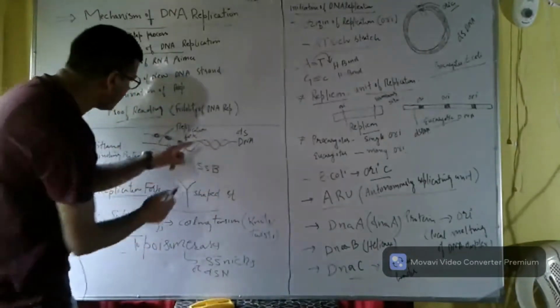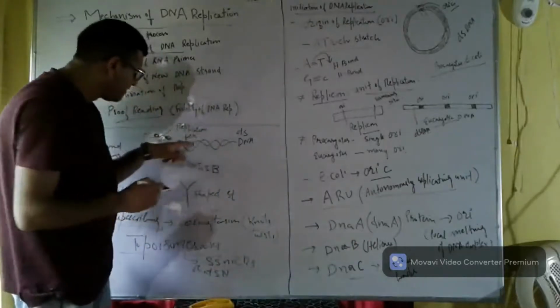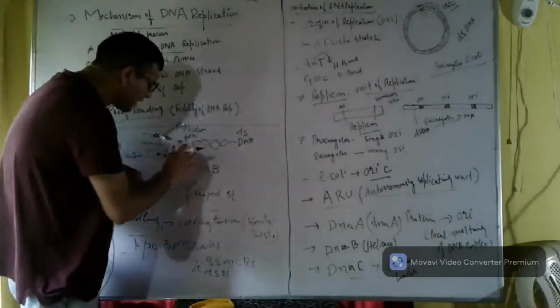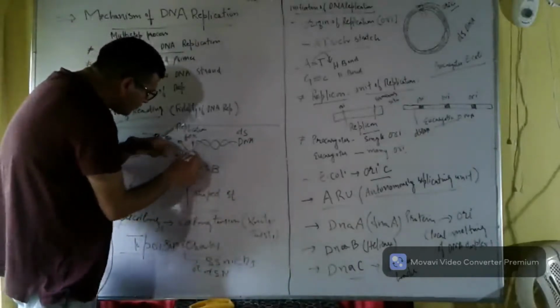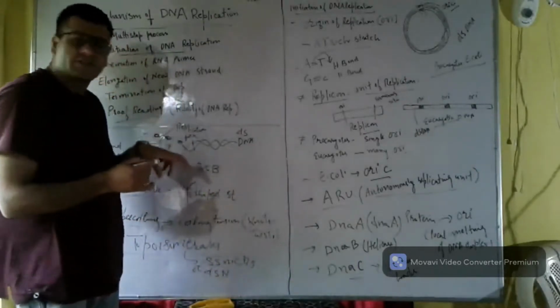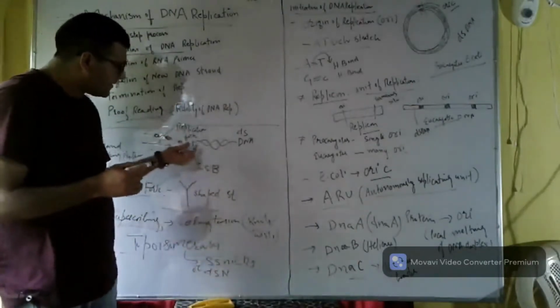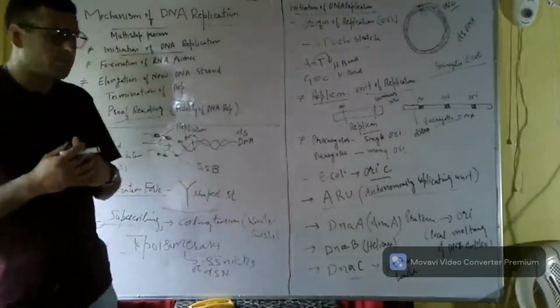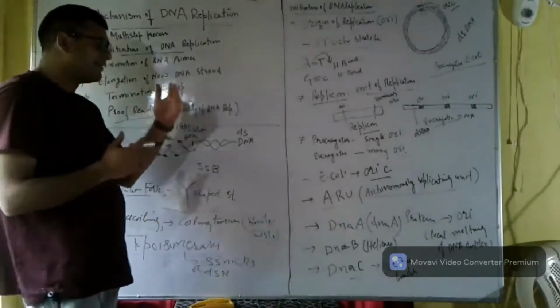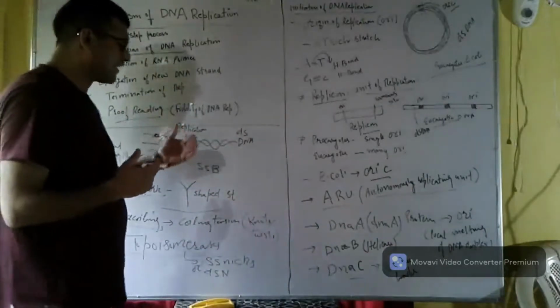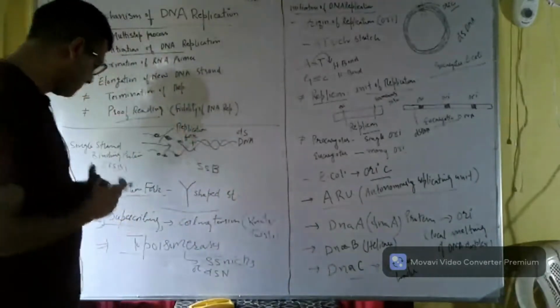A single strand nick means only one strand is cleaved, so the coiling tension is relieved. A double strand nick means both strands are broken by the topoisomerases, so that the supercoiling is relieved, and then the unwinding of the DNA duplex can proceed smoothly.